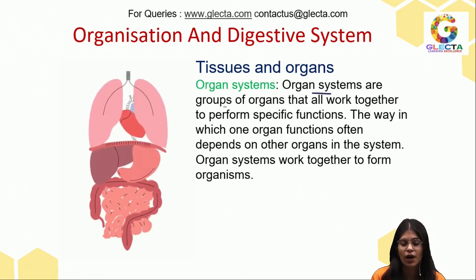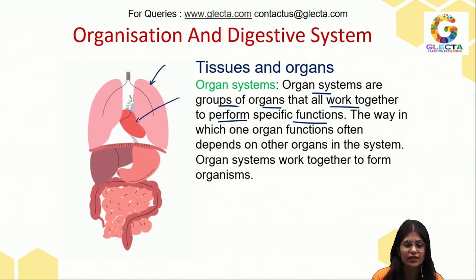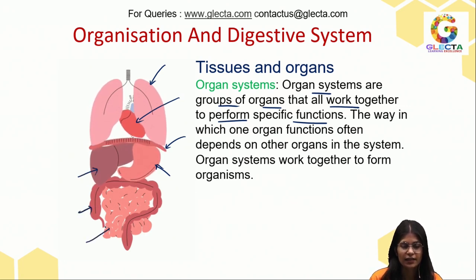Now talking about organ system. Organ systems are a group of organs that work together to perform a specific function. For example, here you see almost all the organs that are present except the ones that are present behind it. For example, behind your intestinal area there are kidneys. So there's lungs, in this there's heart, there's diaphragm, stomach, there's liver, there's large intestine, there's small intestine, and at last there's rectum.